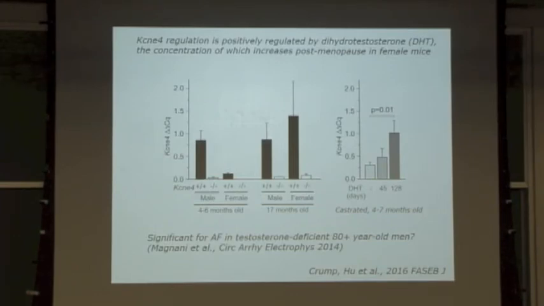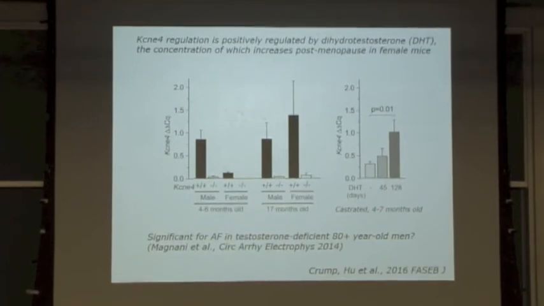Just to speculate, KCNE4 reduction is associated with atrial fibrillation in people. And so perhaps the older men that have low testosterone also have low KCNE4, and are that much more susceptible. We know that with aging, your susceptibility to AF goes up, and it's a disease which is getting more and more prevalent in the aging population, as we talked about. We think that maybe testosterone level could be part of the picture, at least in men. So it might be something to examine.